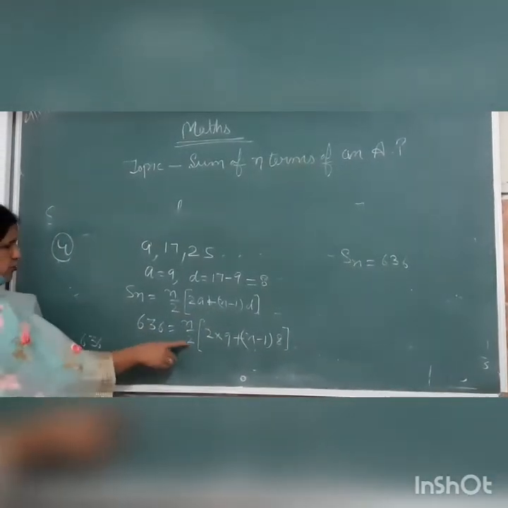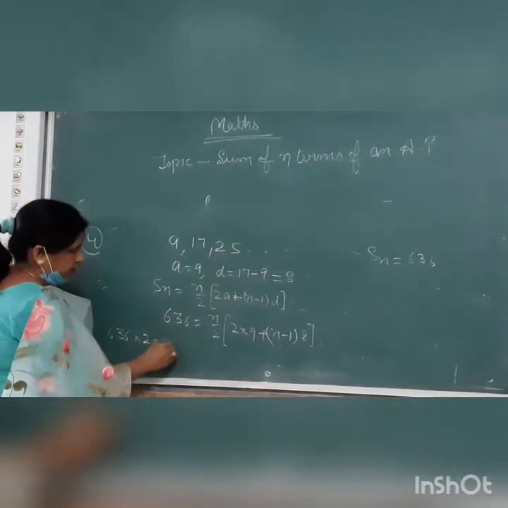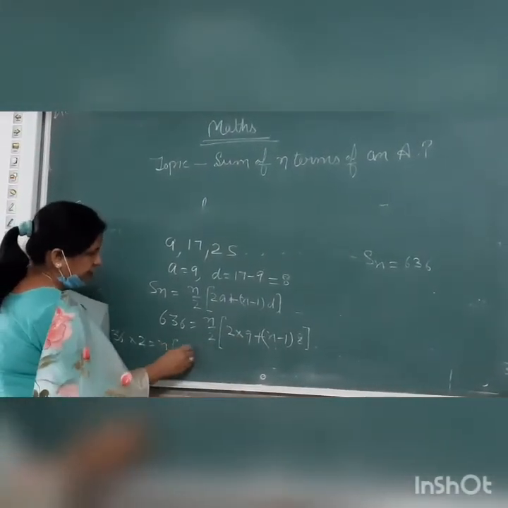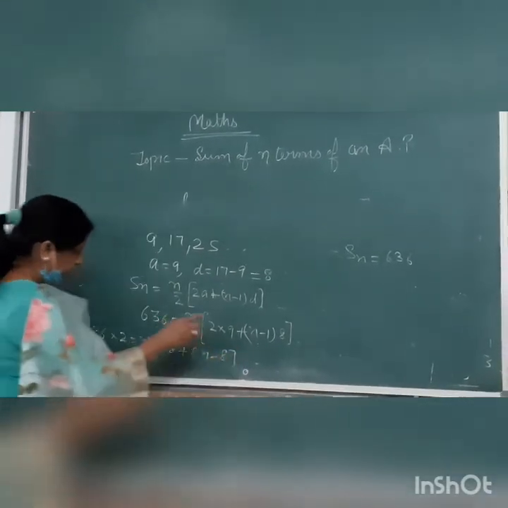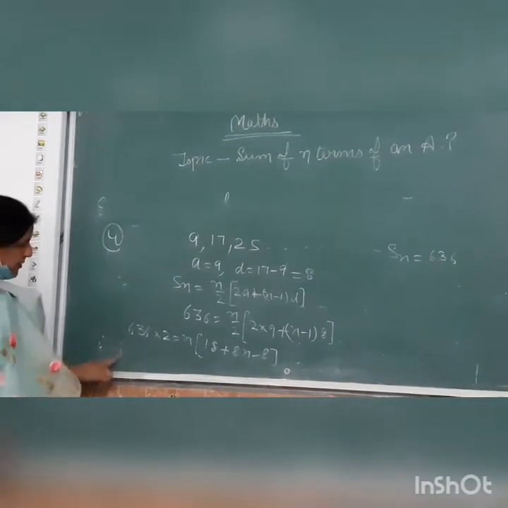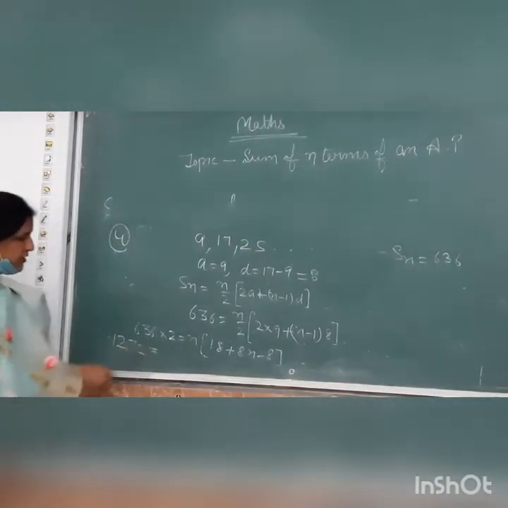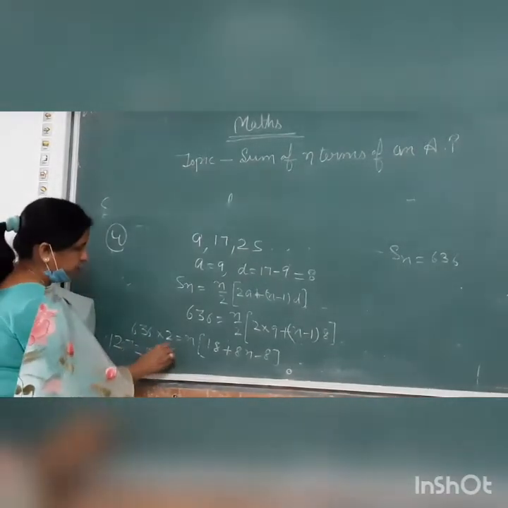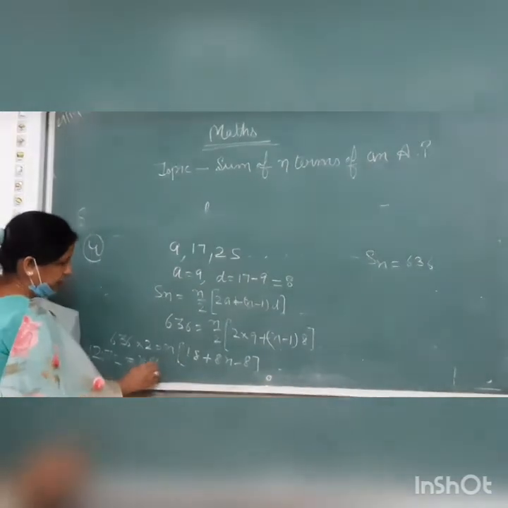636, take 2 to that side in the numerator, is equal to n into 2 nines are 18 plus 8n minus 8. Solve it. You can get 636 multiplied by 2, 1272, is equal to n into 18 में से 8 माइनस करके 10 हो गया, 10 plus 8n.